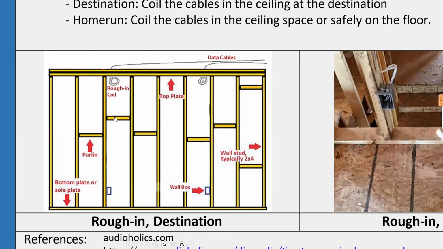When the drywall is installed, there will be very little we can do. Well, we can, but it's going to take longer and more effort, and that all comes down to spending more time than we need to.